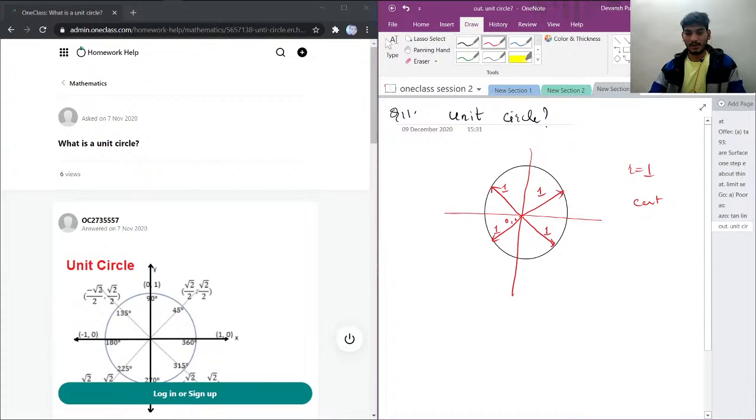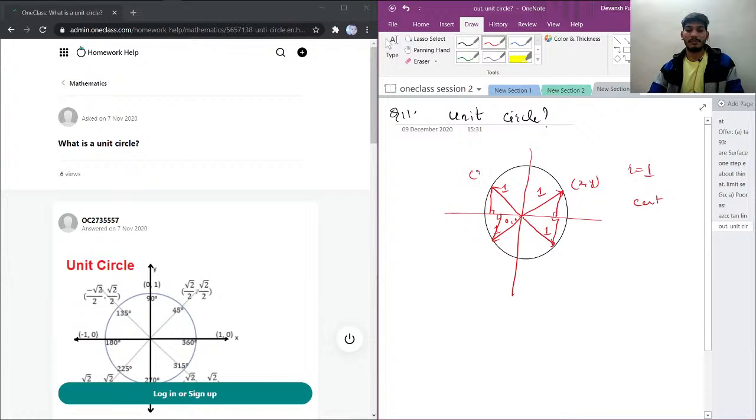And if I drop a perpendicular from each and every radius to the x-axis, then for a radius I have the coordinates x comma y.